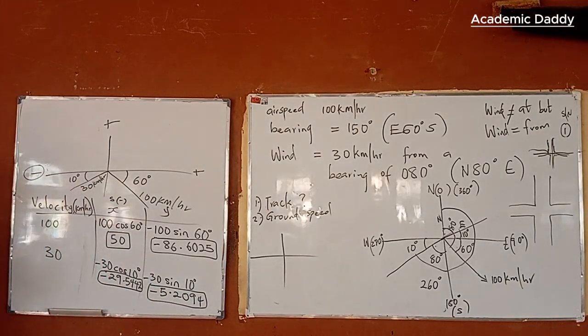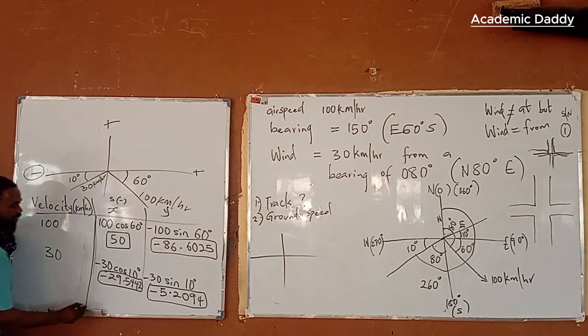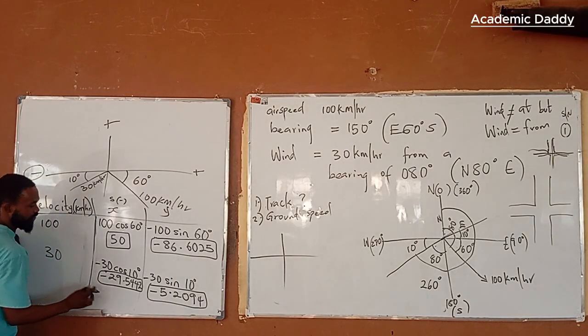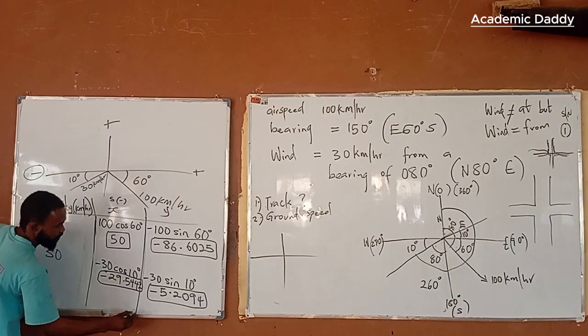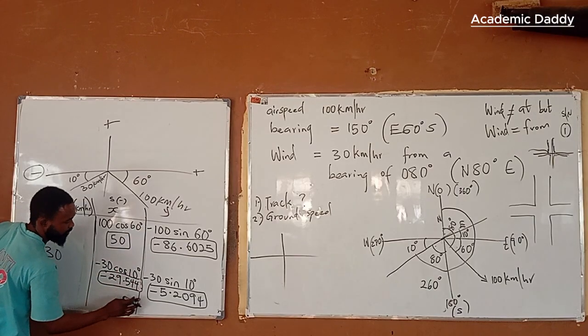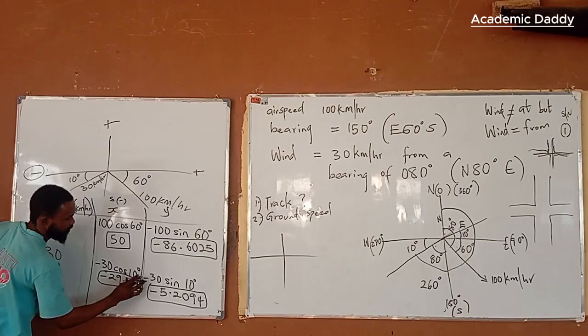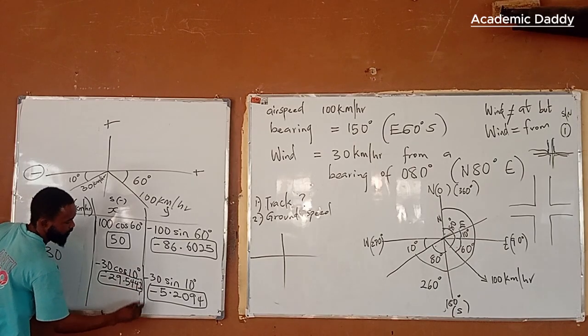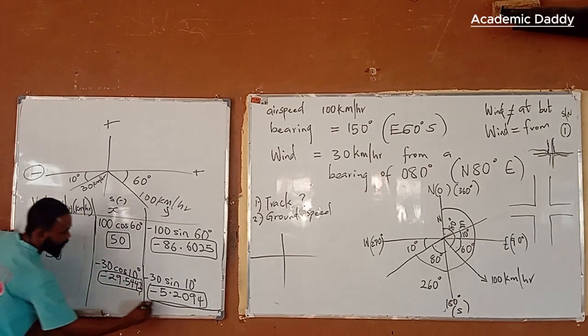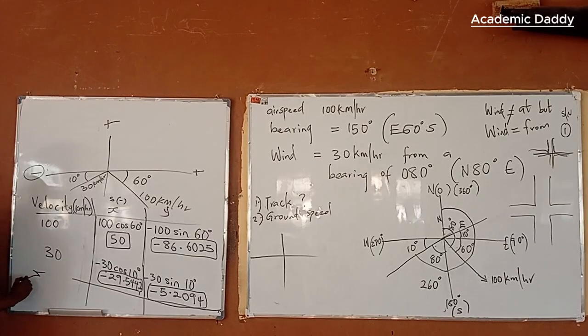Now see what you now do for me. At this junction, I can now say, let me sum up the forces, the velocities on the x and the y axis.